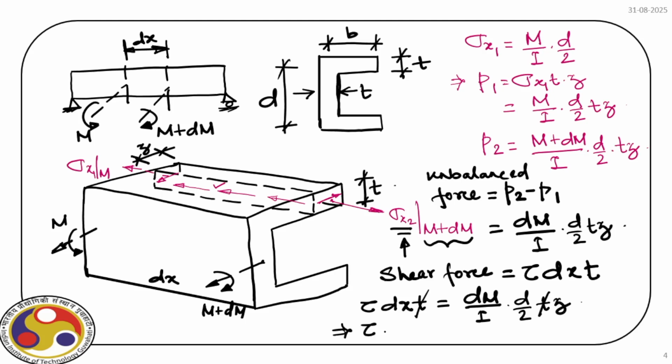So what we have, tau is equal to dM by dx times 1 by I times d by 2 times z. Recall, we earlier derived dM by dx is equal to V. That is the shear force acting at that particular section.